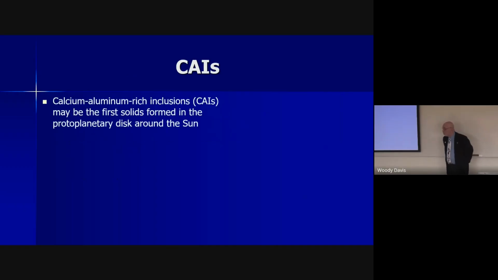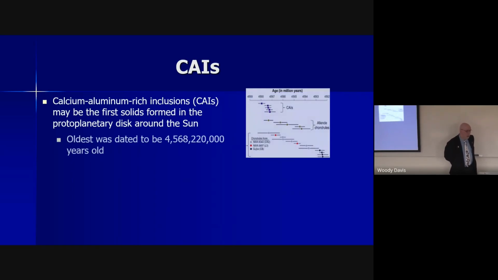And so some of these meteorites, chondrites, contain calcium-aluminum-rich inclusions, which are believed to be the very first things that were solidified in the solar nebula. The oldest is dated to be more than 4.5 billion years old.